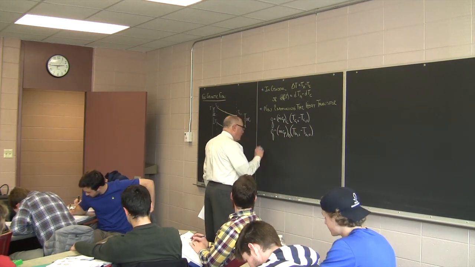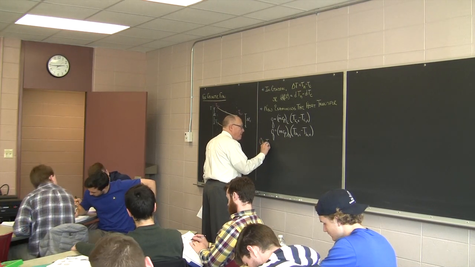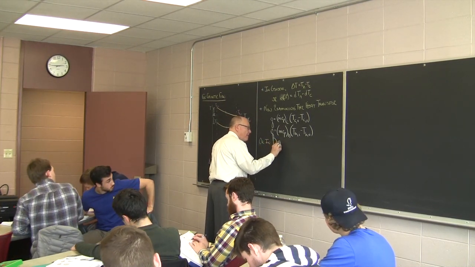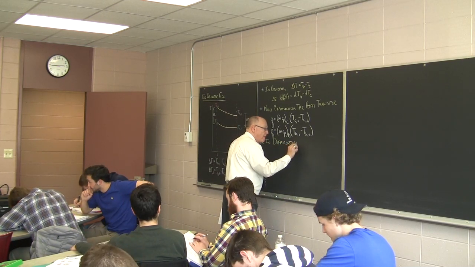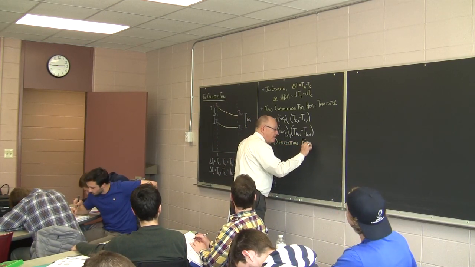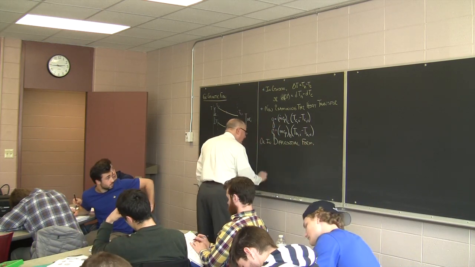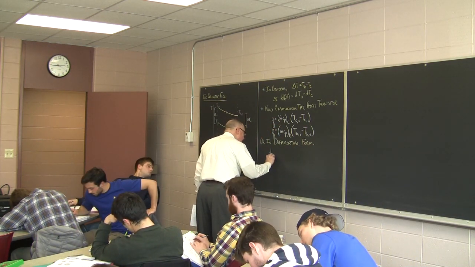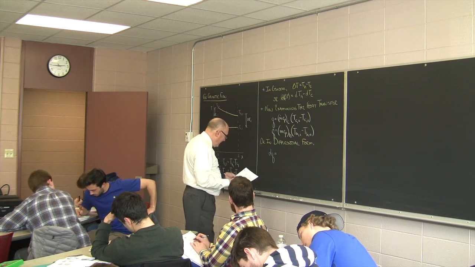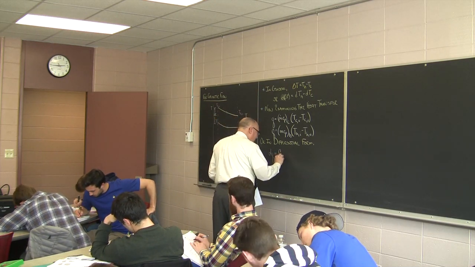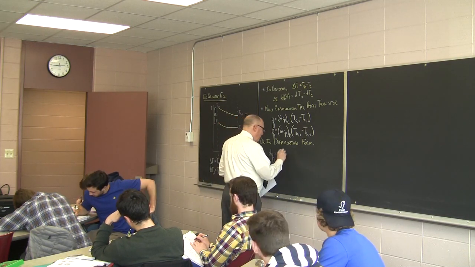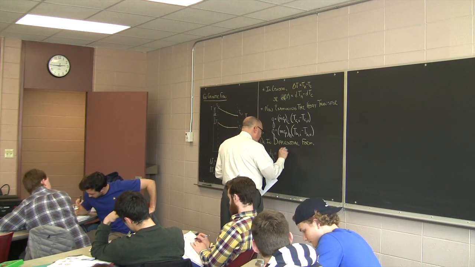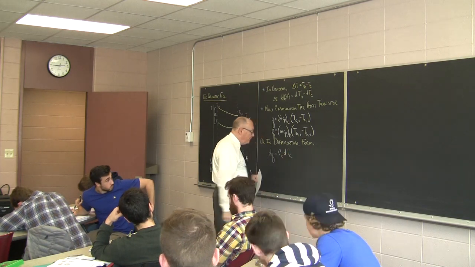Or, if we write these in differential form, we can say dQ is equal to C_C, that is the heat capacity of the cold fluid, times the change in the cold fluid, dT_C.